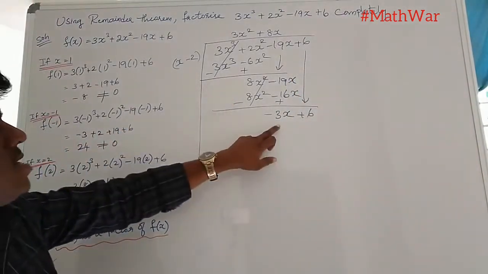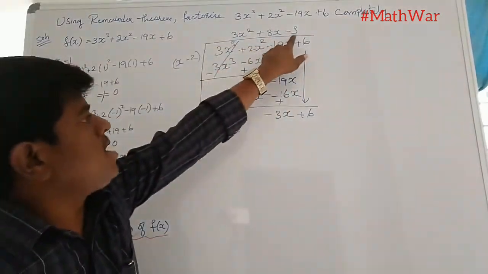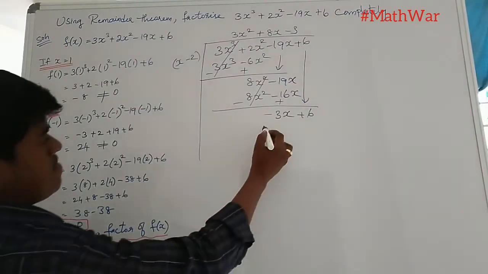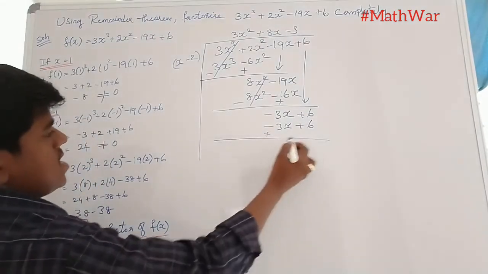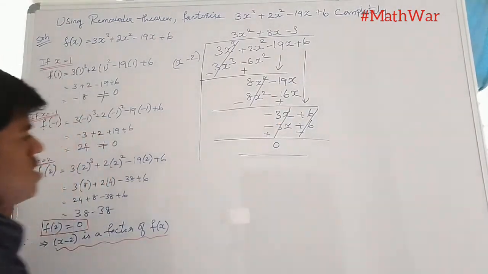Now divide minus 3x by x, we will get minus 3. Again multiply that minus 3 along with x minus 2, it is minus 3x plus 6. Change the sign, this will get cancelled and this will get cancelled. Final answer 0.